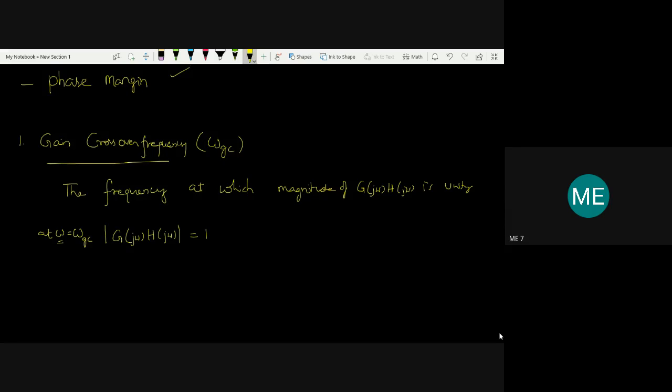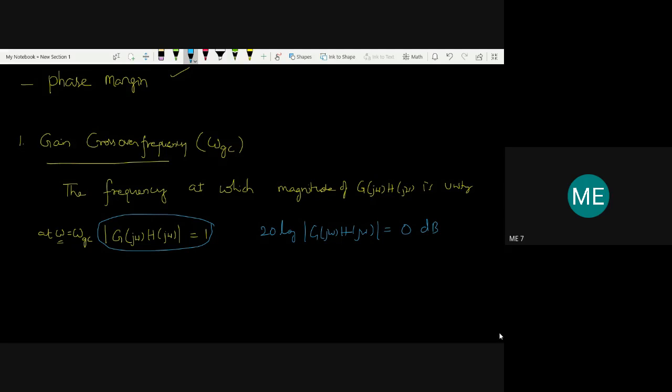So at ω equal to ωgc, the magnitude of this is going to be 1. If I apply 20 log of mod of G(jω)H(jω), because this magnitude is 1, it is nothing but 0 dB.